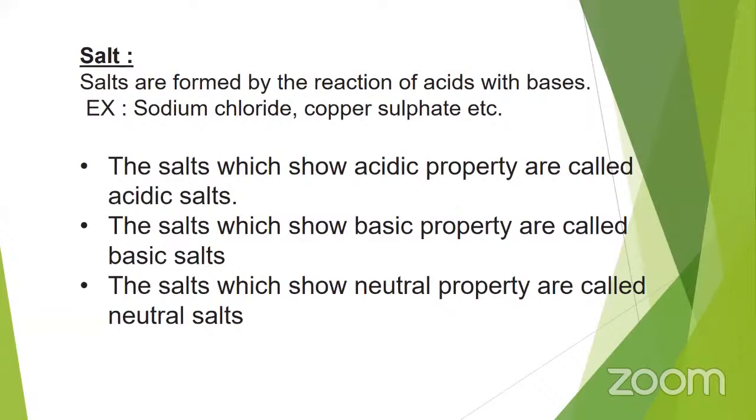An acidic salt forms, that is, a salt with acidic character forms, when we take a strong acid, hydrochloric acid. Hydrochloric acid is a very strong acid. And ammonium hydroxide is a weak base.